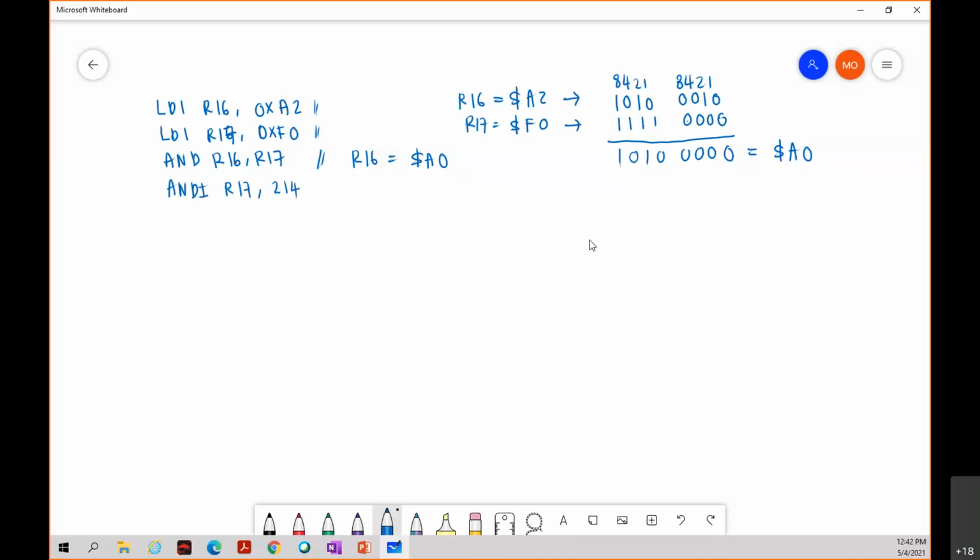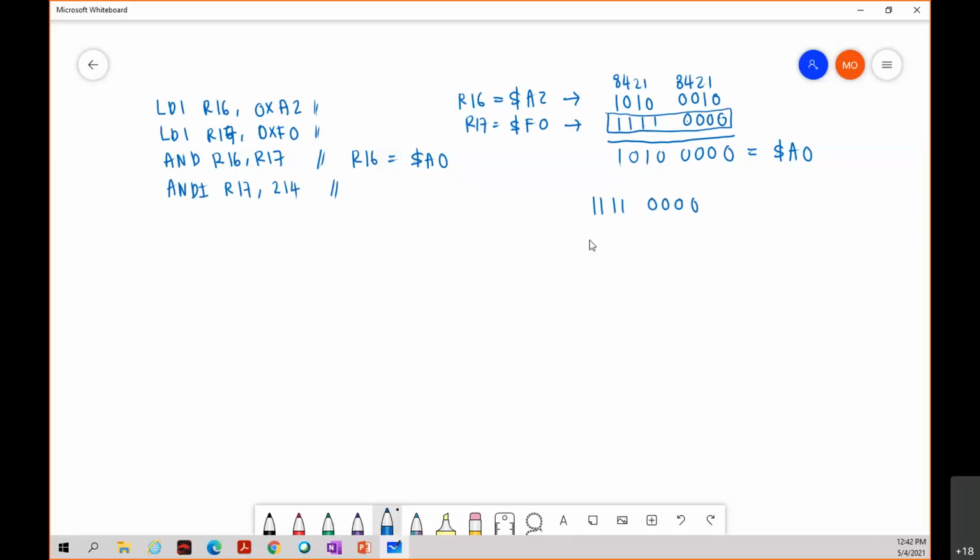So what happened? What is the current value of R17? This is your R17, and its value remains, no change to R17, which is 1111 0000.